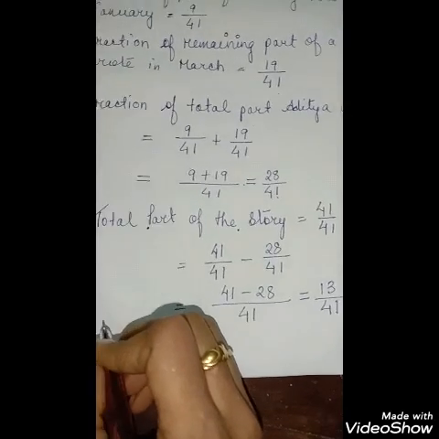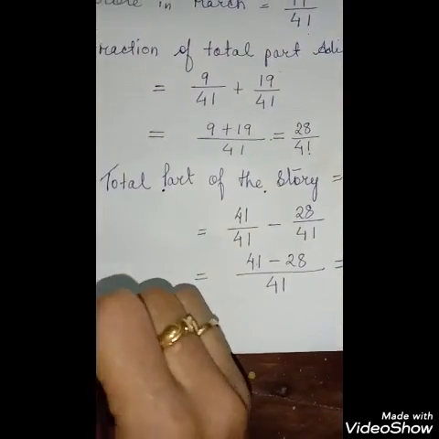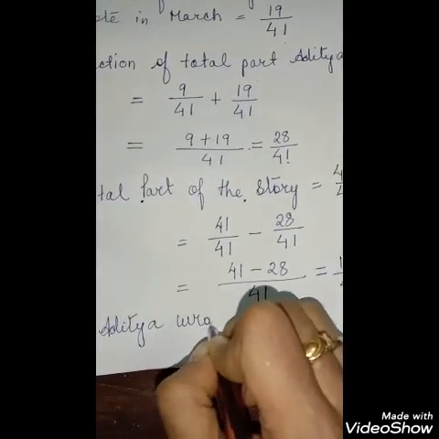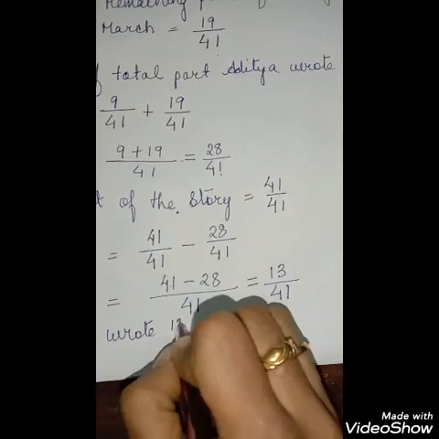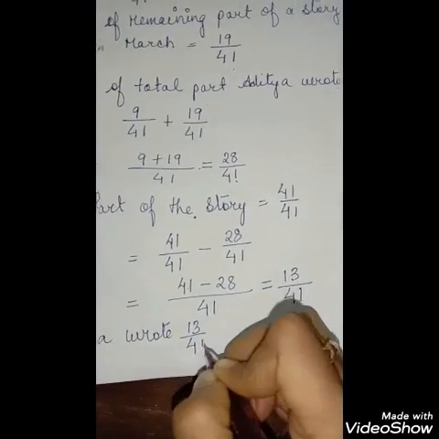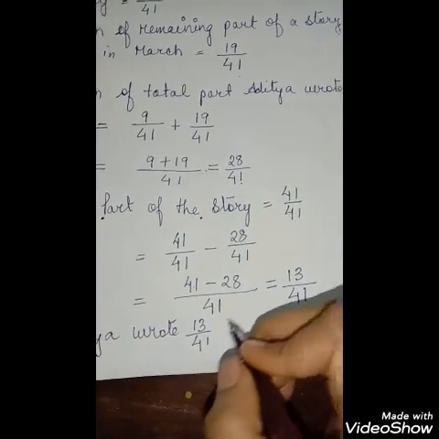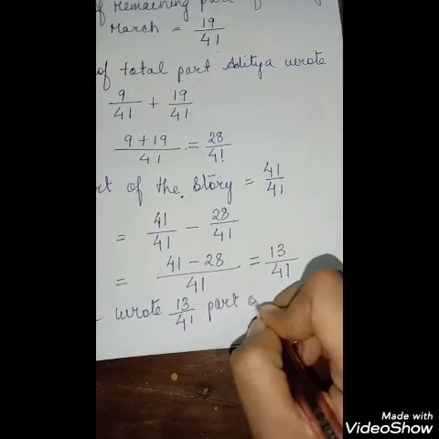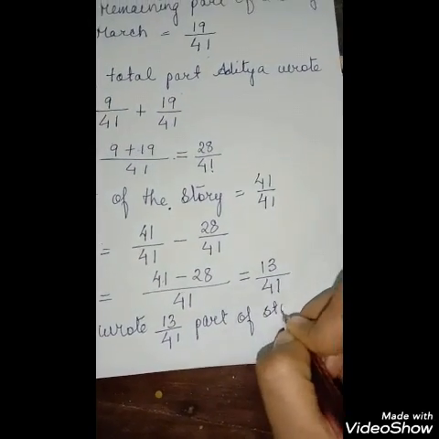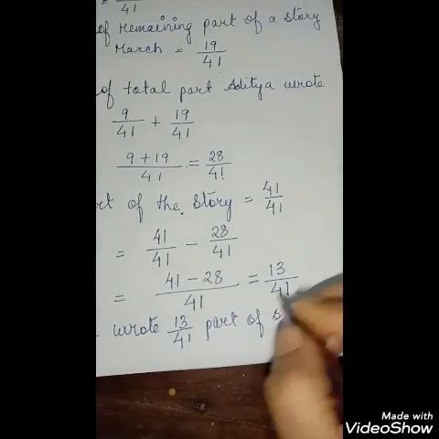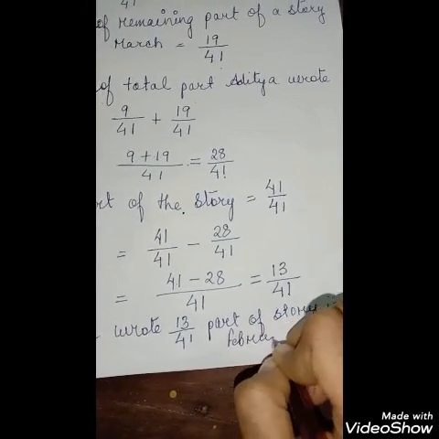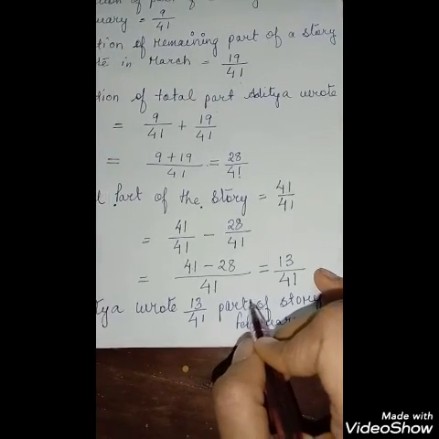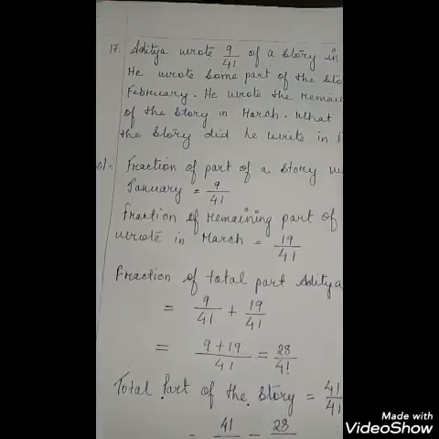So here we will write: Aditya wrote 13/41 part of the story in February. Clear? I hope question number 17 is clear to everyone.